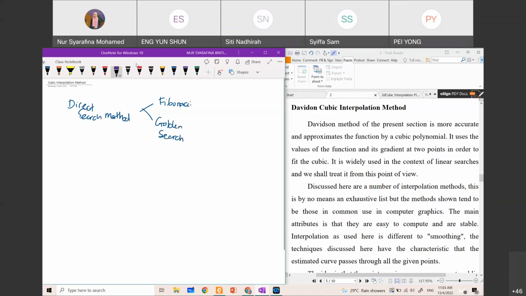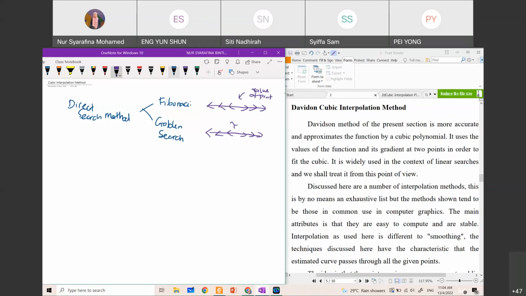Both direct search methods only reduce the interval, but for golden search, we reduce the interval depending on the value of the points at each iteration.